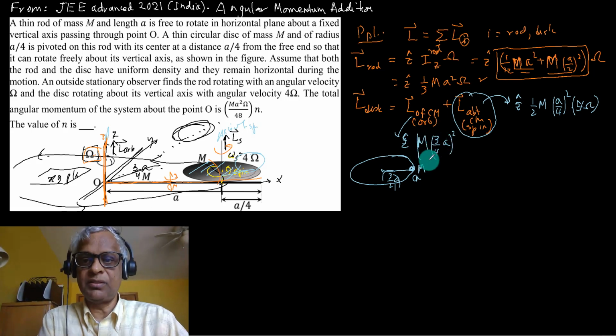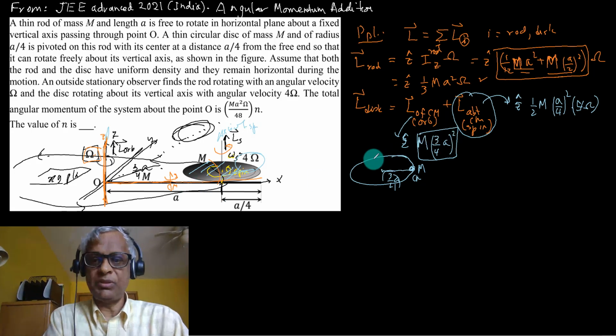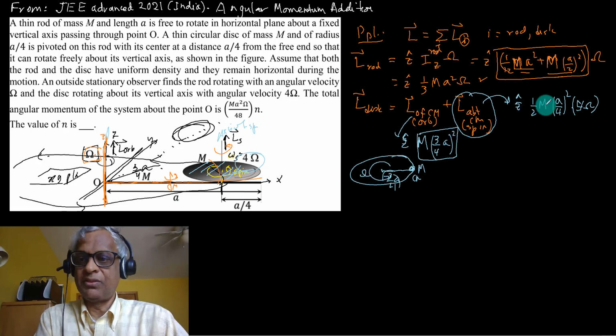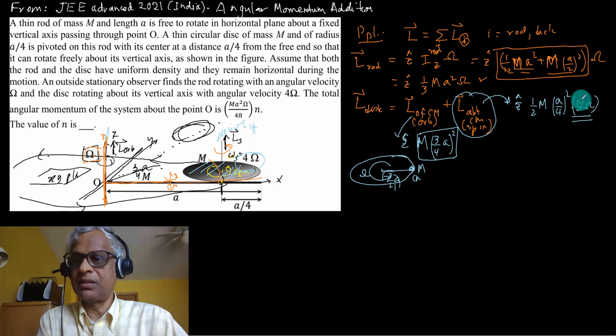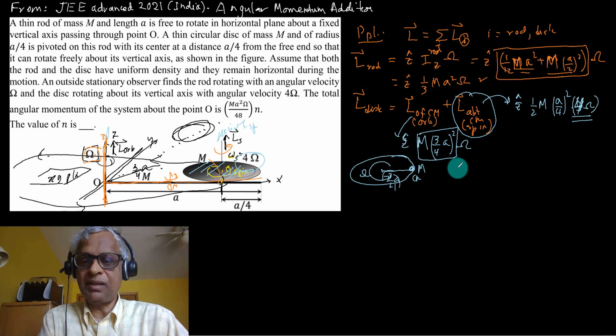So that's the moment of inertia, and this one is going around with omega, not 4 omega. This one was going 4 omega, but this one is going omega. So I need to add these guys up.